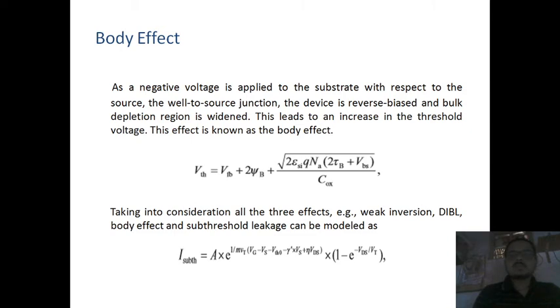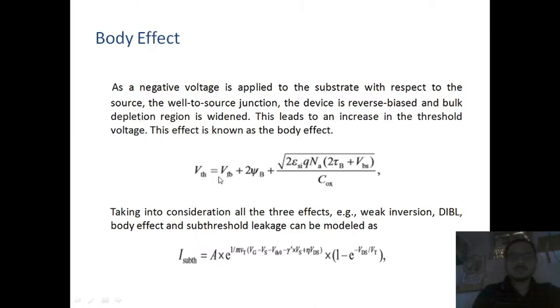When the device starts conduction, we require a large threshold voltage because the depletion region is widened. It is hard for charge to travel from source to drain when the depletion region is widened. To overcome this depletion region, we require a huge threshold voltage. That is the body effect.